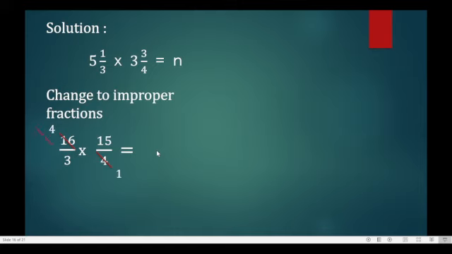And then the 3 and 15: 15 will become 5 and 3 will become 1. So 4 times 5 is equal to 20. And 1 times 1 is 1. So the answer is 20.